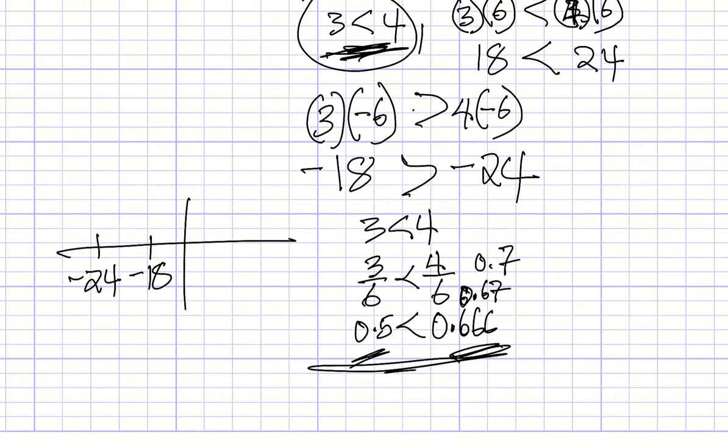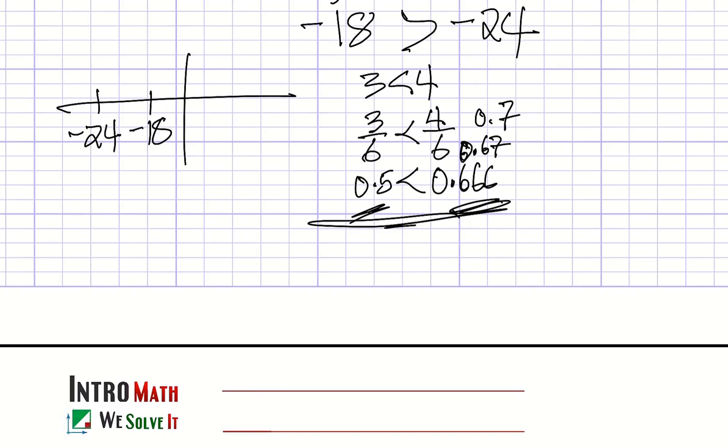But suppose we use negative 6. You have 3 less than 4, and then you divide both by negative 6. What do you get? Automatically you're going to get the same numbers, but negative: negative 0.5, and then negative 0.7.